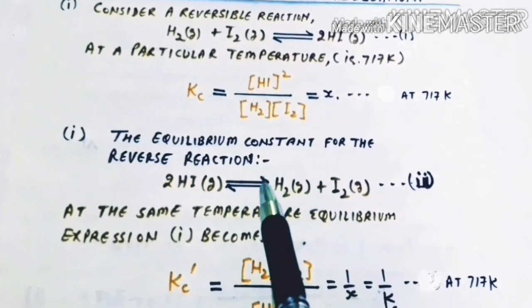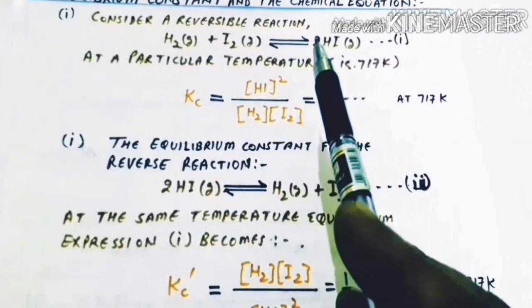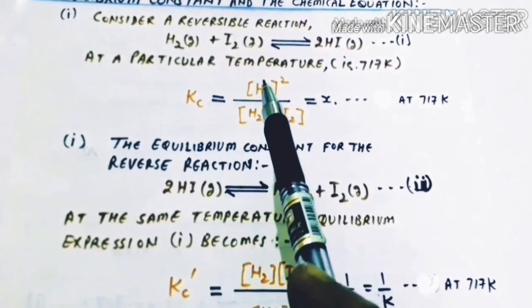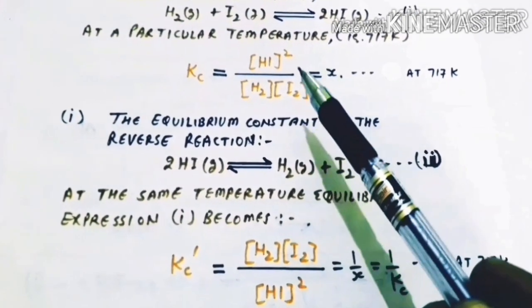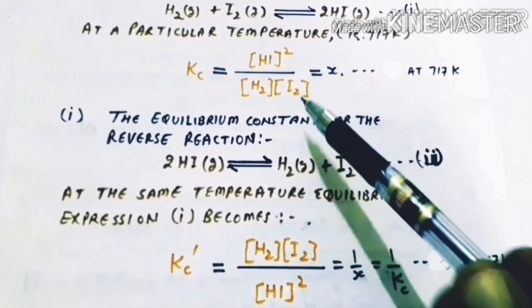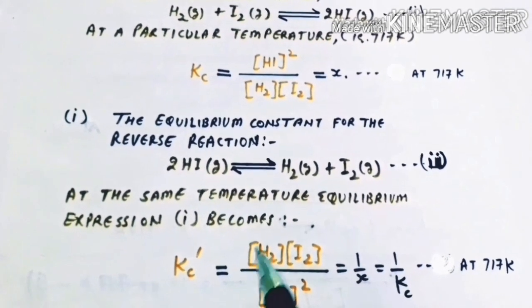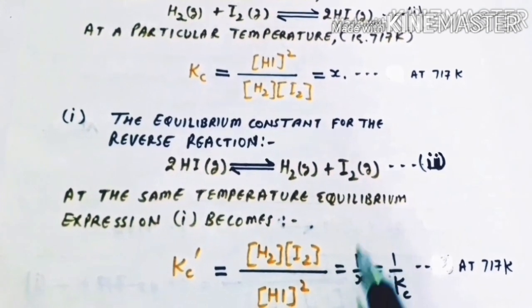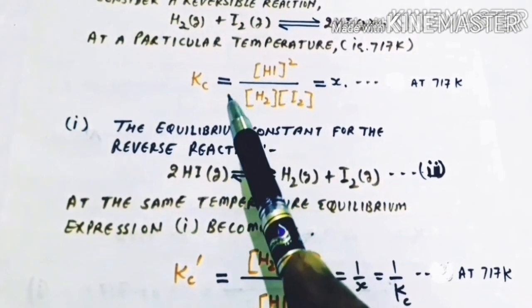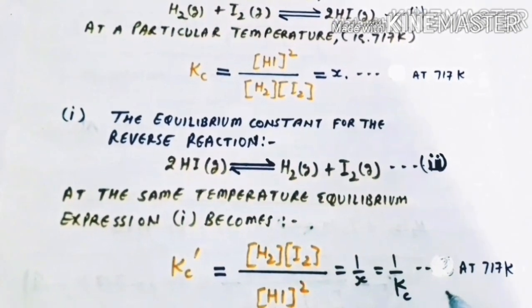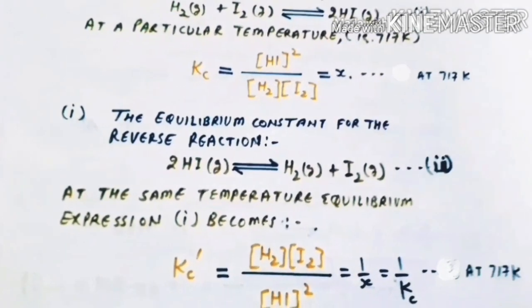So backward reaction के equilibrium constant Kc dash और फॉरवर्ड डायरेक्शन के लिए इक्विलिब्रियम कांस्टेंट है Kc। अगर आप इन दोनों को कंपेयर करते हैं तो आप ऑब्जर्व करेंगे कि इक्विलिब्रियम कांस्टेंट Kc dash फॉर द बैकवर्ड रिएक्शन इज द इनवर्स ऑफ द इक्विलिब्रियम कांस्टेंट Kc फॉर द फॉरवर्ड डायरेक्शन एट द सेम टेम्परेचर.